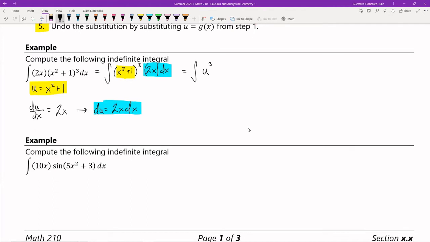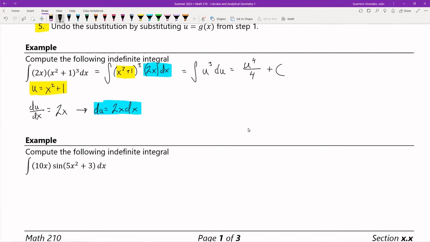And du is 2x dx, that's grouped right there. So this is now du. So now I'm going to evaluate this integral in terms of u. Okay, that means I'm going to evaluate this thing just as normal. Notice that this is much simpler than what it was originally, right? The integral here is going to be u to the fourth over 4 plus c.